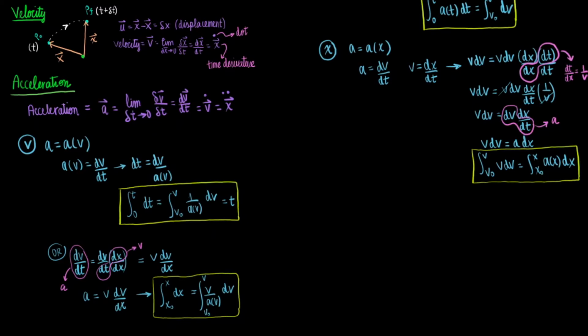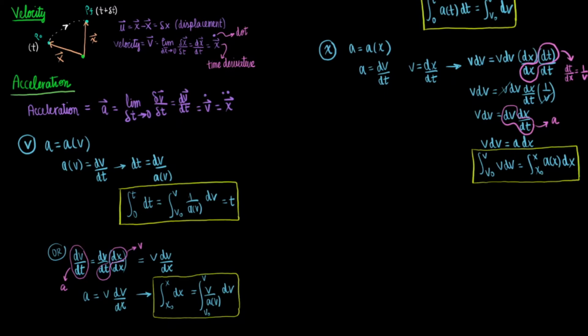Since a is a function of v, we move a to the same side as dv and move x to the left. Integrate both sides and voila! The left integration goes from x naught to x, and the right integration goes from v naught to v. Now you have another expression where a is in terms of v. Okay, enough of that for now.